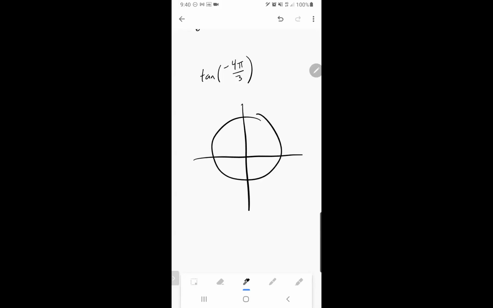is think about the basic unit circle. It has 0 radians on the x-axis, pi over 2 on the positive y, pi at the negative x, 3 pi over 2 at the negative y, and then back here for the full circle is 2 pi.